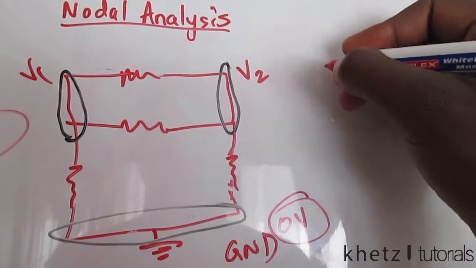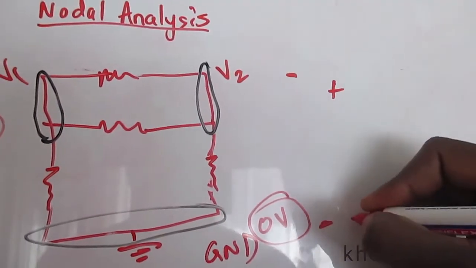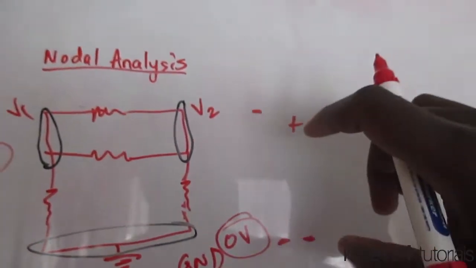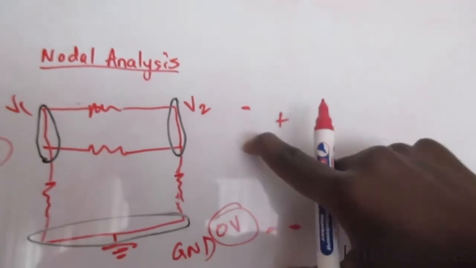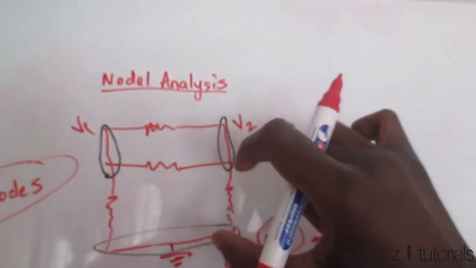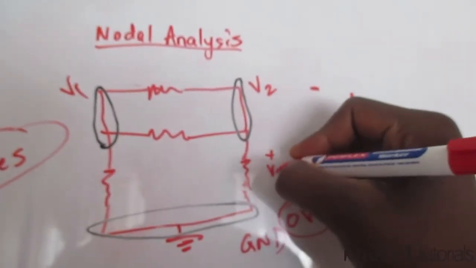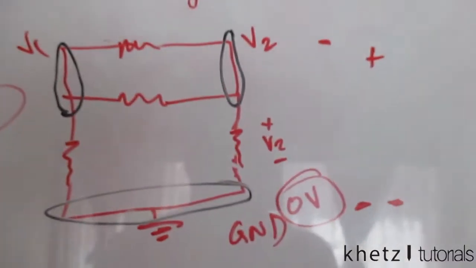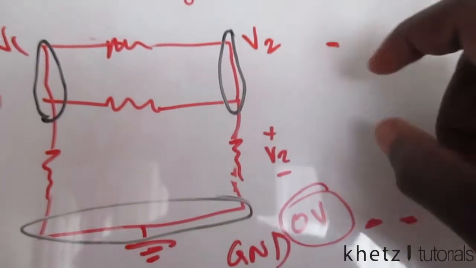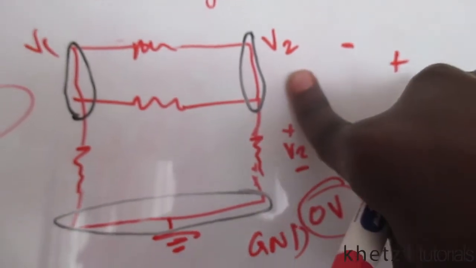So between that point and this point, I have a positive and a negative. That's how you can look at this. If you measure between that point and this point, you are going to find the voltage across that resistor. So this here is also V2. If you have a node above a resistor and ground at the bottom, then you know that between those 2 points, you have V2, or the voltage which is above, right?